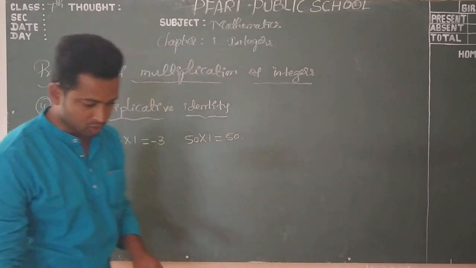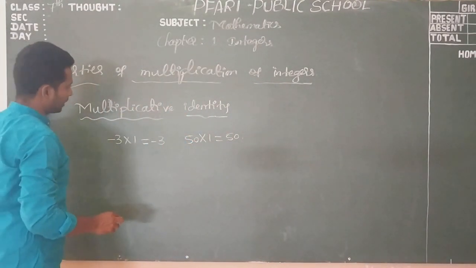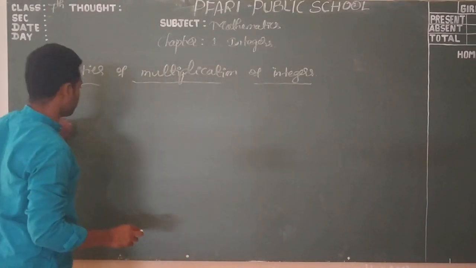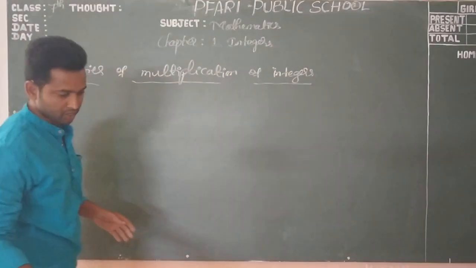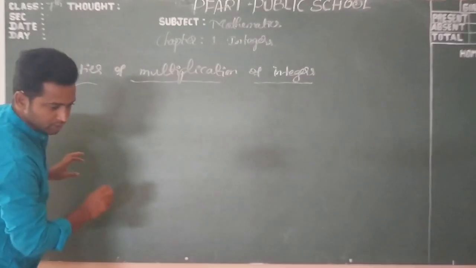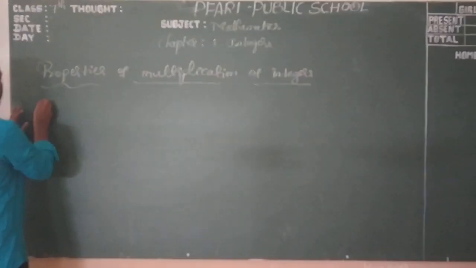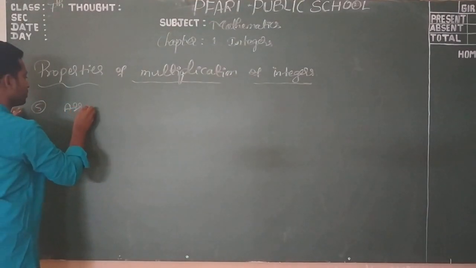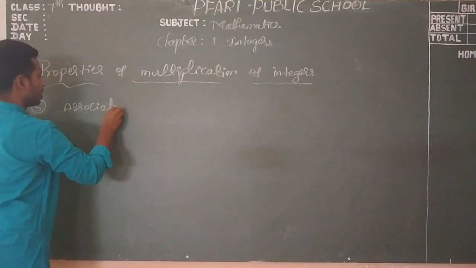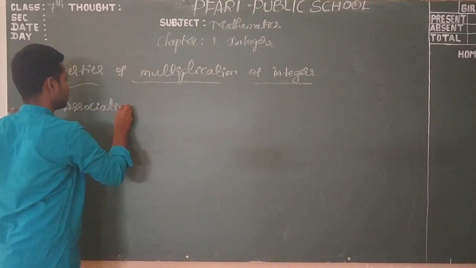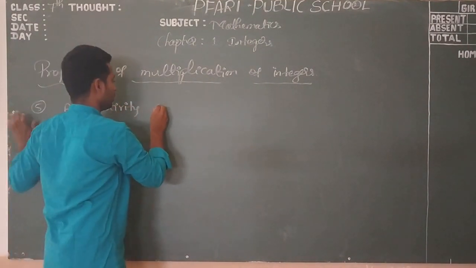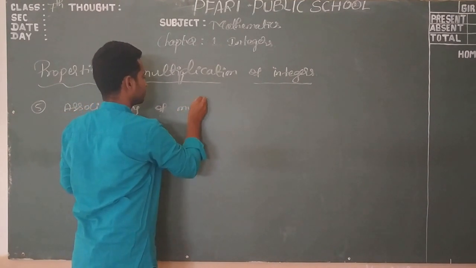Next is associativity of multiplication, or the associative property for multiplication. This is the fifth property.